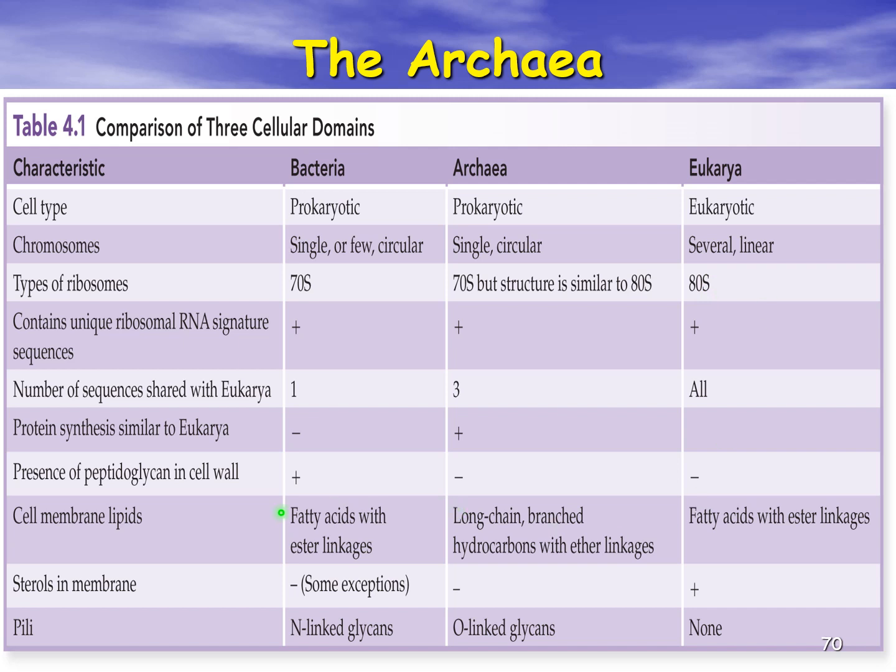Protein synthesis is more similar in the archaea than in the bacteria. Bacteria have peptidoglycan in their cell wall, while the archaea have other proteins, and those Eukarya that have cell walls have either proteins or sugars in their cell wall. So there are some major differences between the three domains.